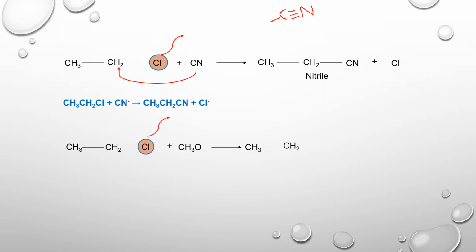Chloride is going to be removed, and you can see that methoxy is a methoxy because there is one carbon and there is an oxide. So this carbon will be bringing hydrogen and oxygen with it and attaching itself in place of chloride. So let's see how the attachment is going to happen.